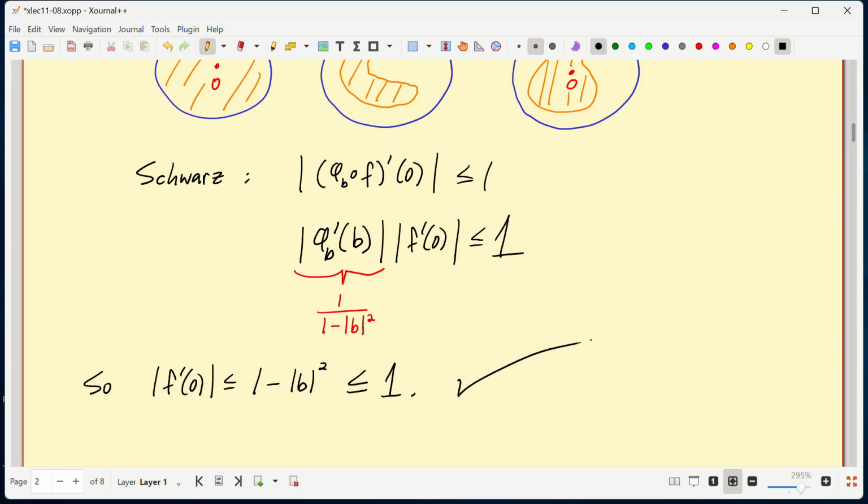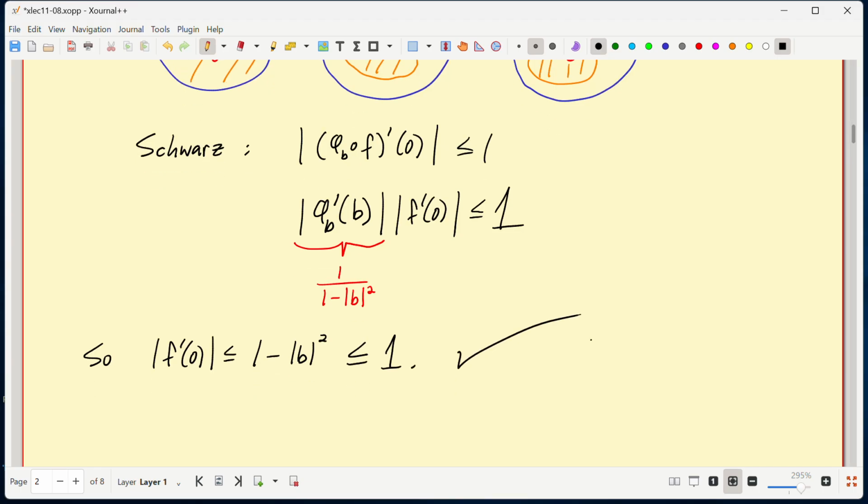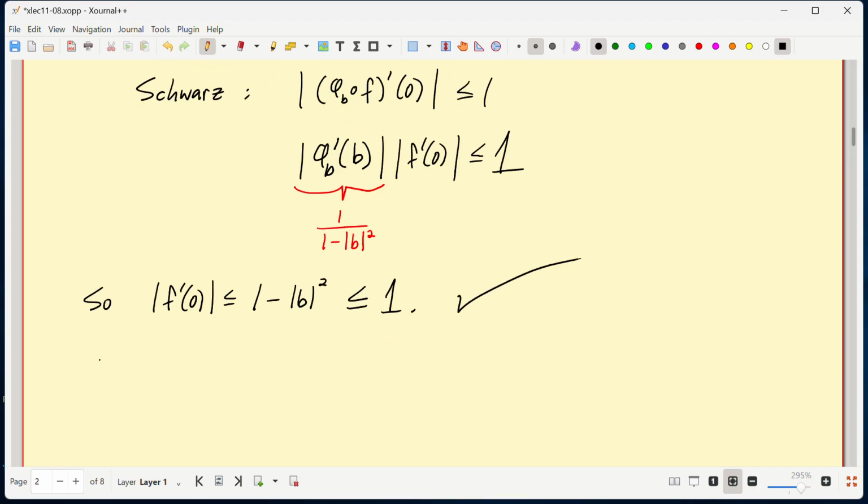So check. We got that part. And notice if f prime of 0 equals 1, then of course that b would have to be 0. And so f of 0 equals 0, and that would give me the Schwarz lemma.